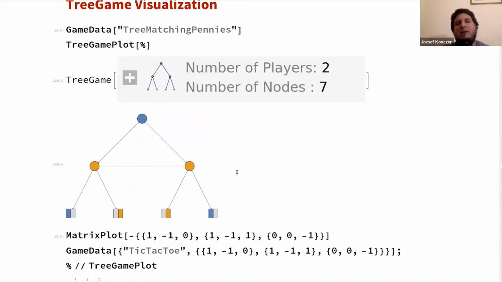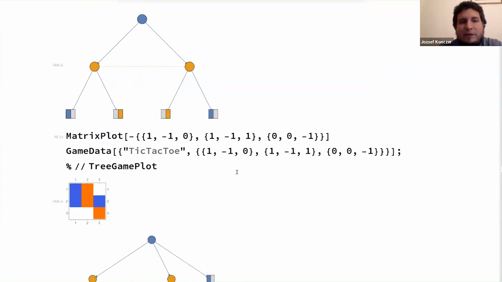So here is how we encode sequential games where there are information sets. We encode the players with colors. There is this dotted line representing an information set, and in the leaves there are split squares again representing the payoffs.